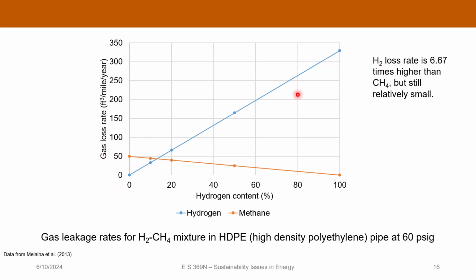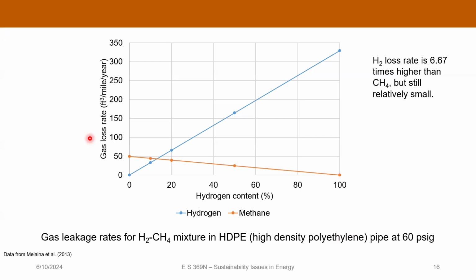At 100% hydrogen content, you're losing about 330 cubic feet per mile per year. It's still not zero, but it's relatively small, so maybe this is something you can just accept as a loss.